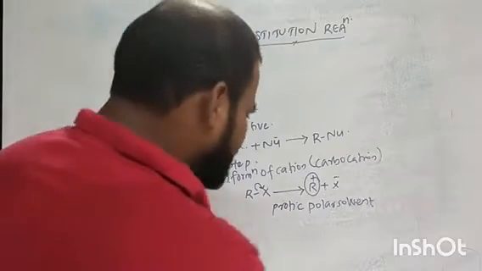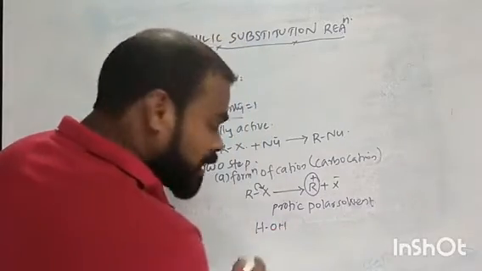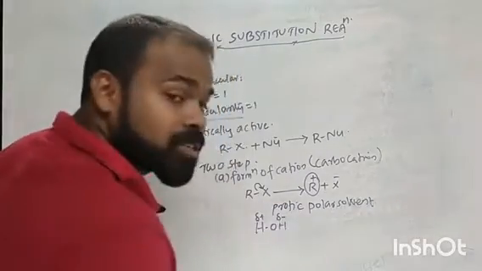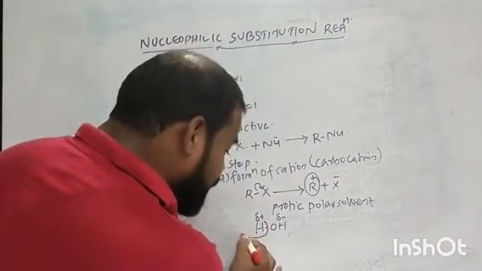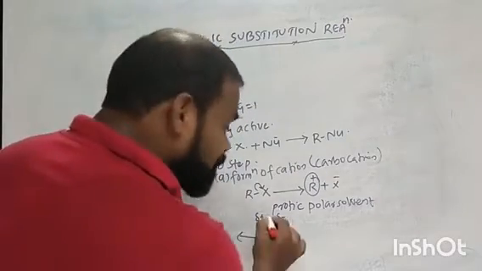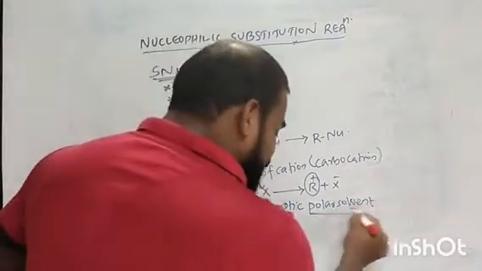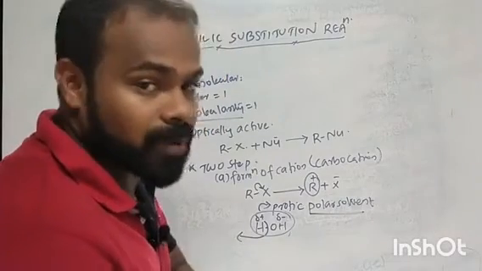The best example is H2O, HOH. H acquires a partial positive charge, OH acquires a partial negative charge. Now it is polar. Not only that, it is ready to donate H plus also. Therefore, if anyone donates H plus, they are protic. Polar means acquiring partial positive and negative charges.